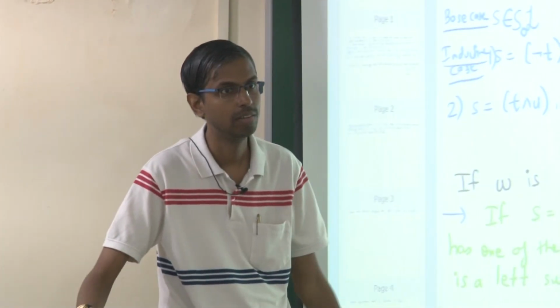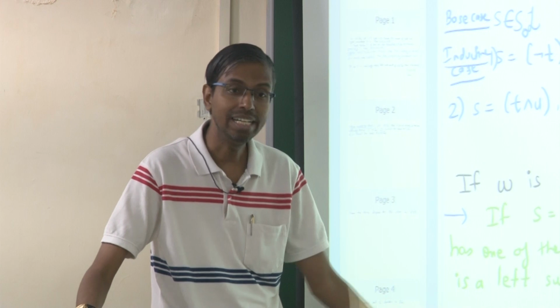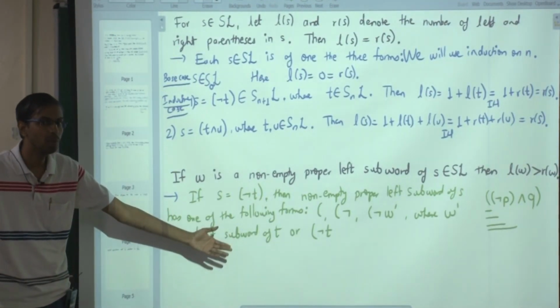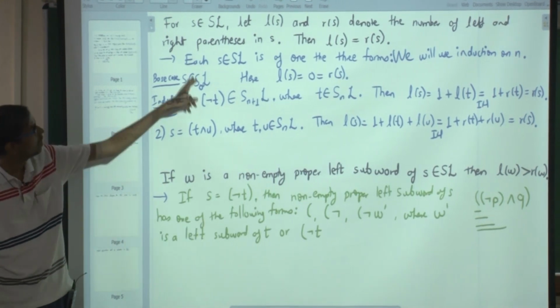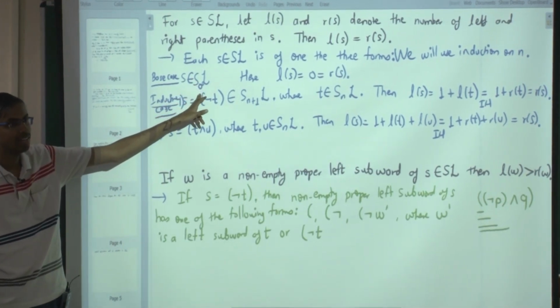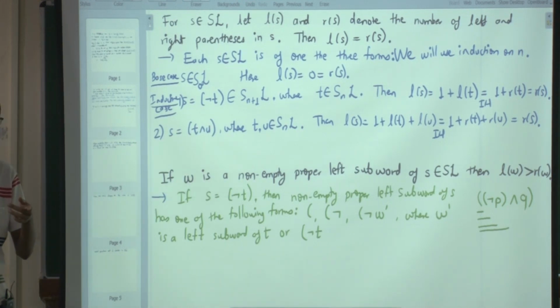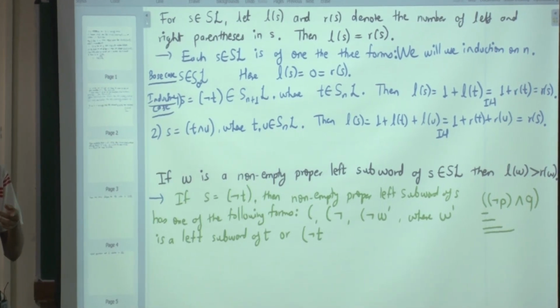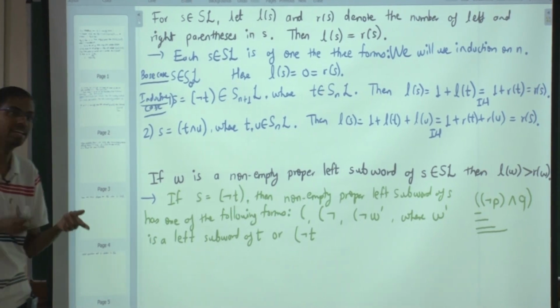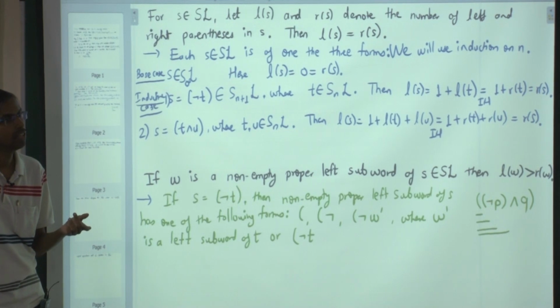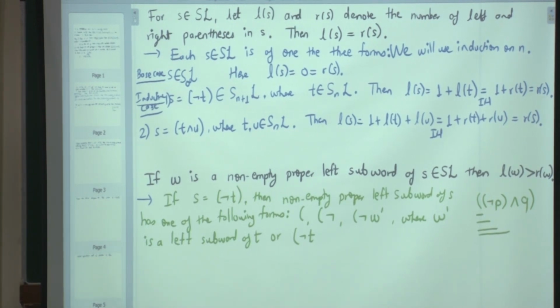And in the last case, T is a formula. So L of T and R of T are equal, and therefore 1 plus L of T is equal to L of S, and that is strictly greater than R of T. Done?